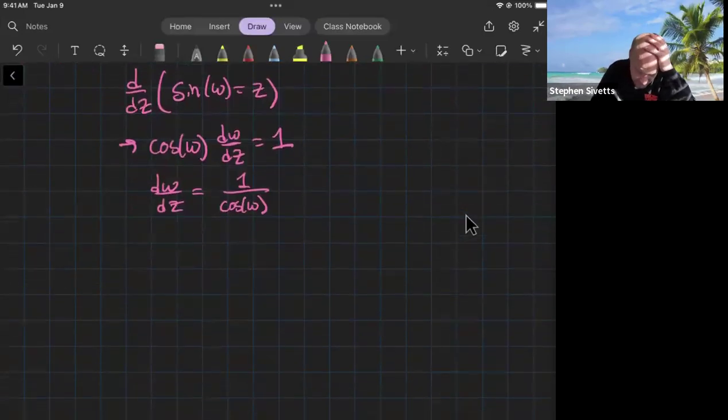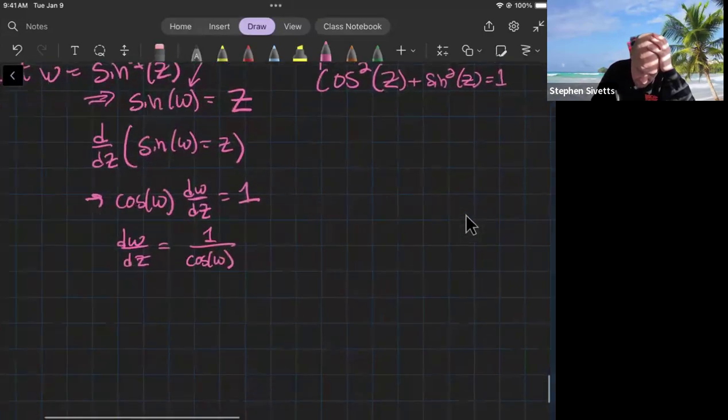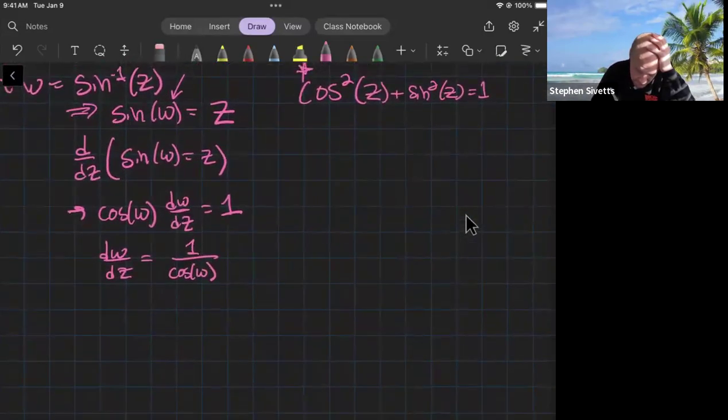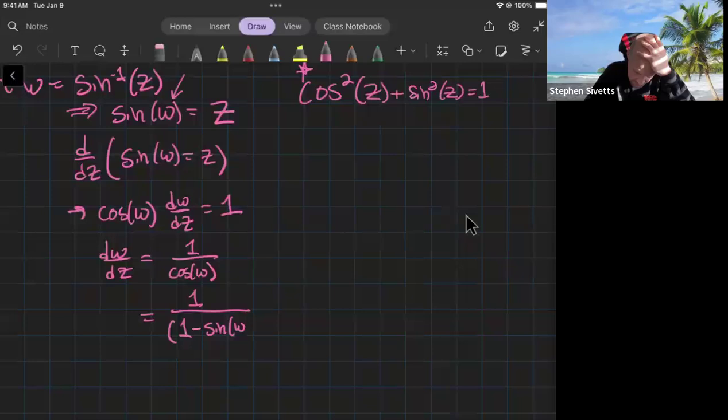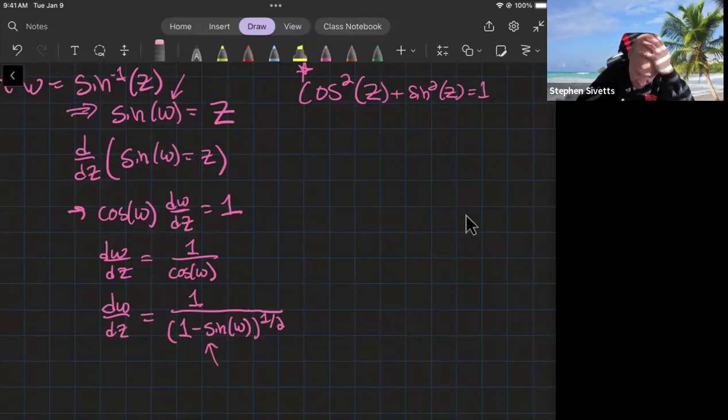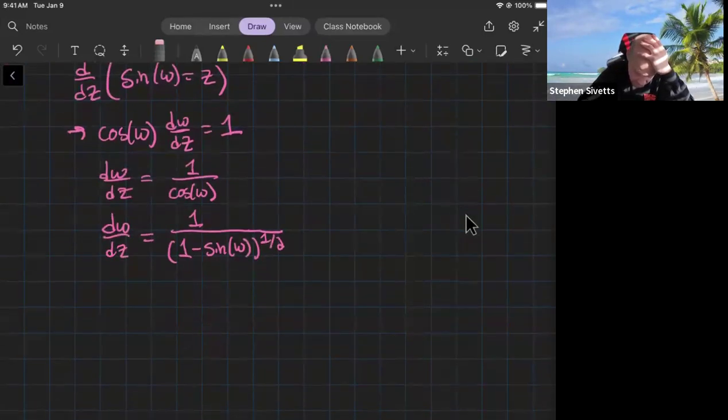So what that means is that dw/dz would equal 1 over (1 minus sine squared of w) to the 1/2 power. Again, we don't incorporate plus or minus because this quantity itself would bring out 2 distinct roots to begin with. So w is inverse sine of z, and then sine of w is just z, so this is squared.